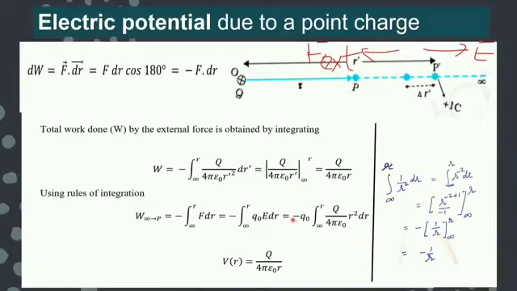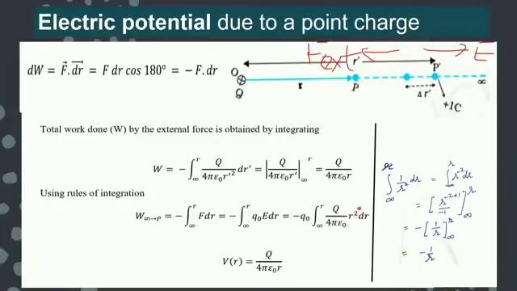So this negative and this negative will become positive, and you are getting the work done divided by charge, because we have not multiplied with Q naught. This work done for bringing a unit positive charge is nothing but potential, because we are finding the work done in bringing a unit positive charge.